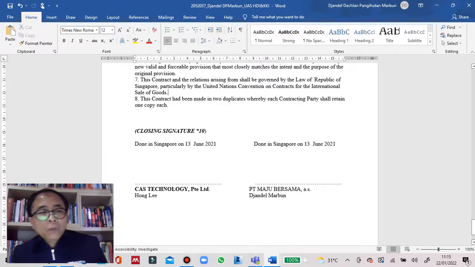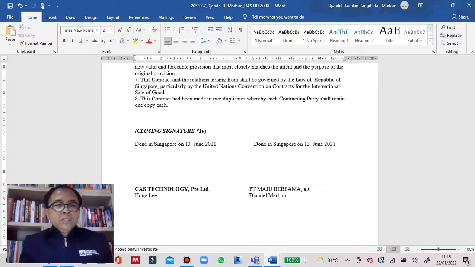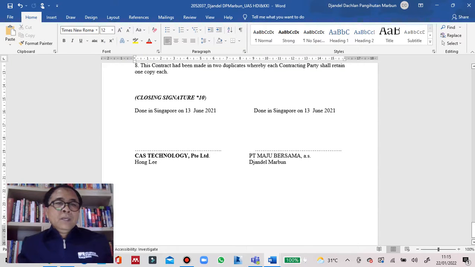And we may move to the next part, the closing signature. Closing signatures from each party, and if there are also witnesses and appendices to this contract. Done in Singapore on 13 June 2021.